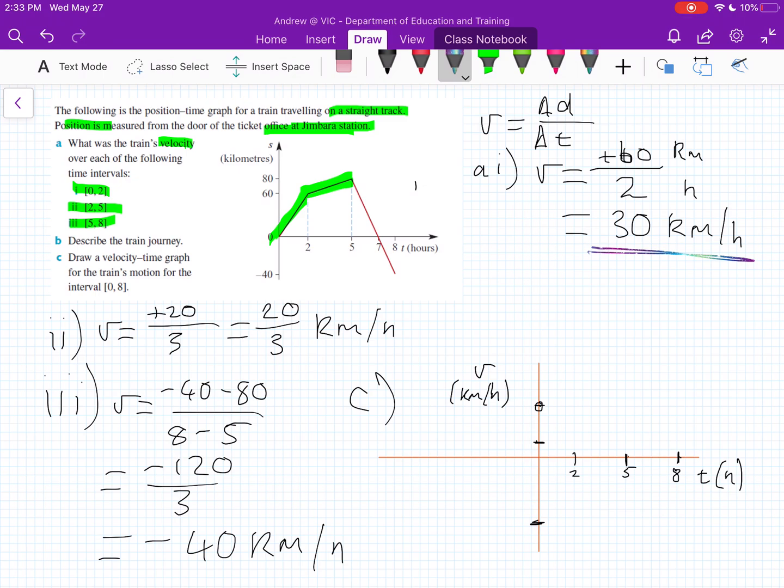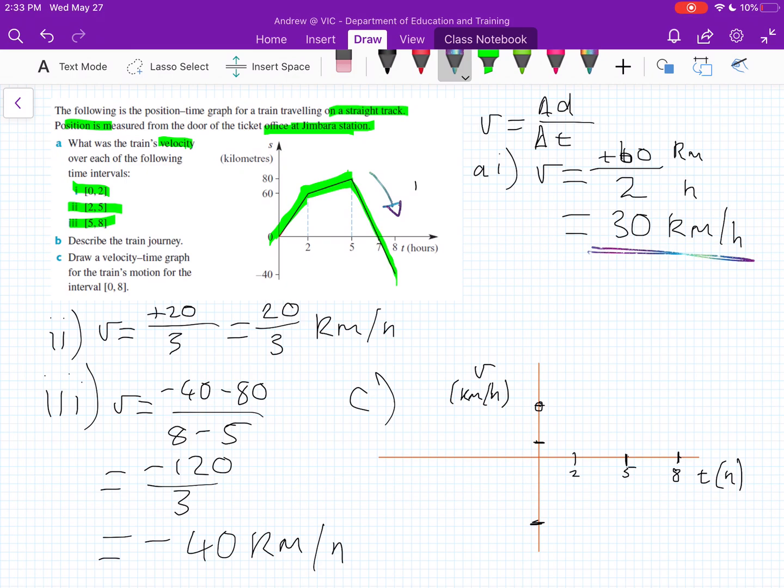Then here, this is the key point in our last part. You could say they changed direction to go back on the track. This is what it means by going down. They changed direction, going back towards the start, and they did this at 40 kilometers an hour.